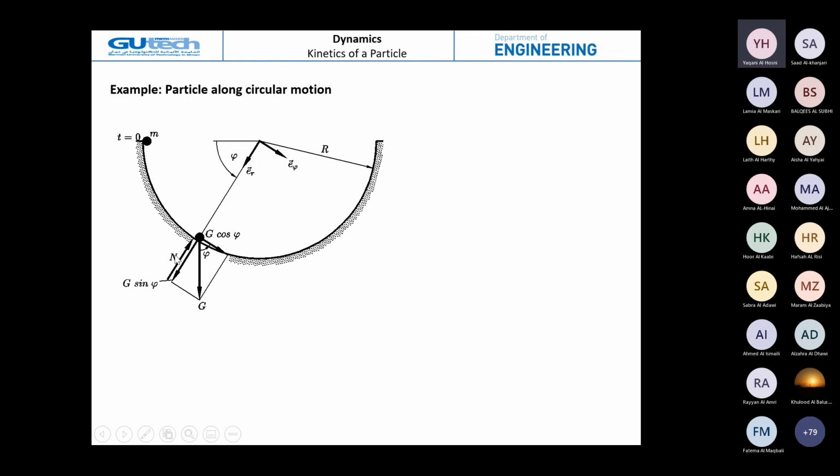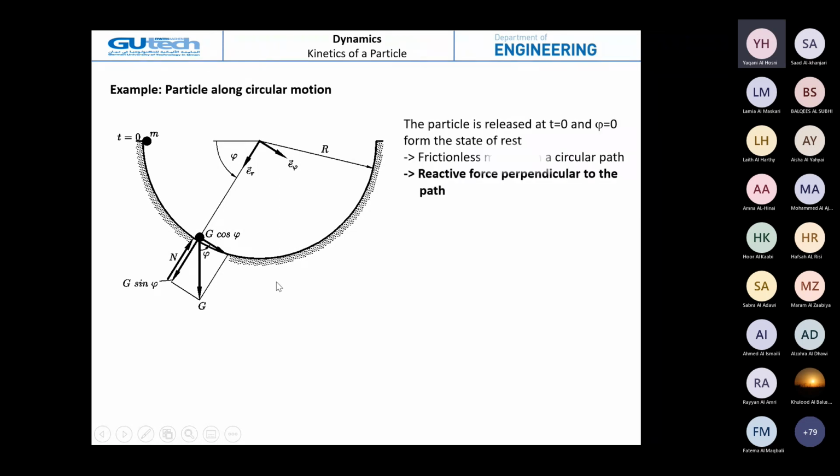But there is now the reaction of the ground, we call it N. If we make the sum of the forces here, we have G, and we can decompose it into two parts, in circumferential direction and in radial direction. In radial direction, we have G sine phi. In circumferential direction, we have G cosine phi.